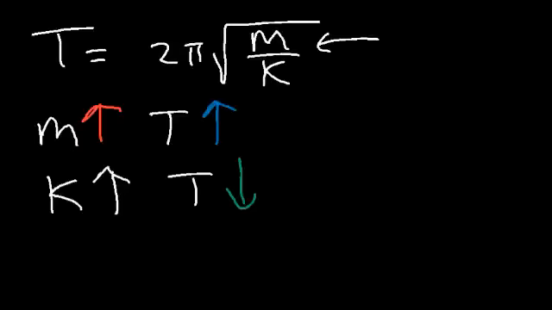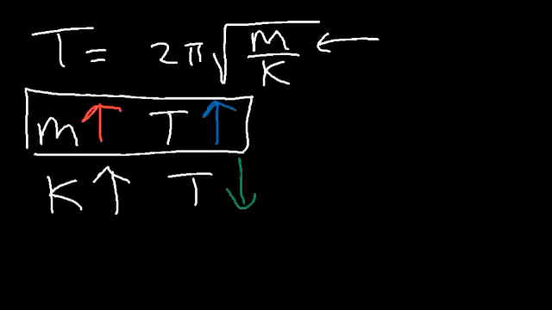Now let's think about what this means. We could see from the equation why the period will increase if we increase the mass, but let's understand it conceptually. As you increase the mass of the block, it's going to have more inertia, so it's going to be harder to move. As a result, it's going to have less acceleration. F is equal to ma.